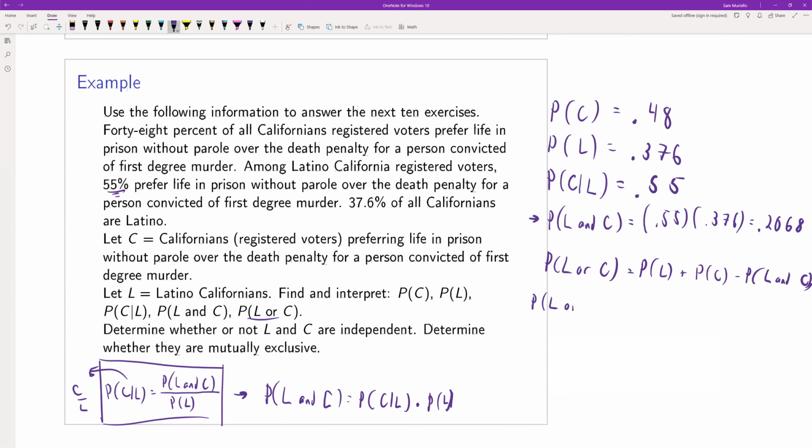So that means we have 0.376 plus 0.48, and then minus the overlap of 0.2068 that we calculated in the previous part.